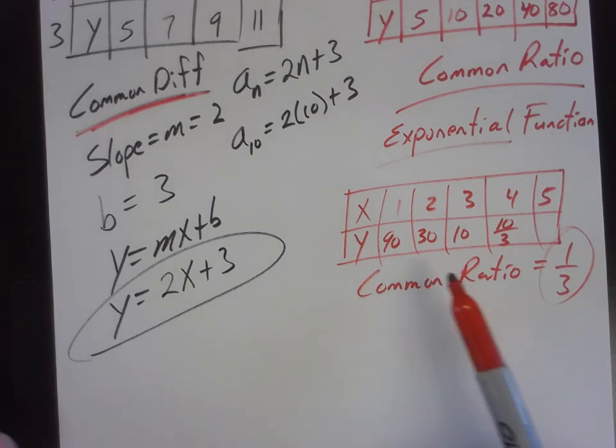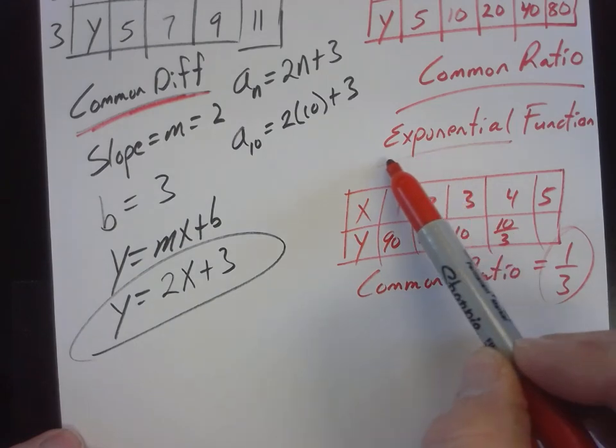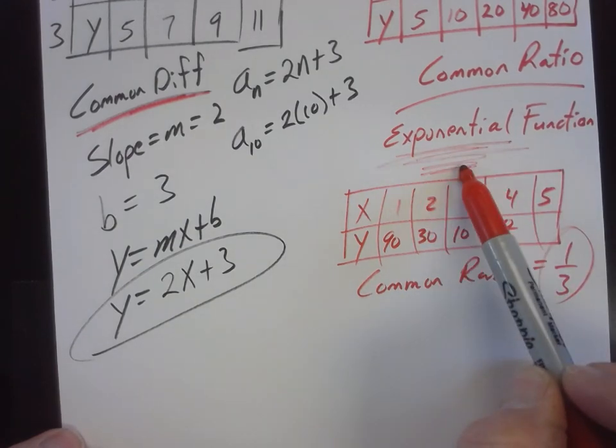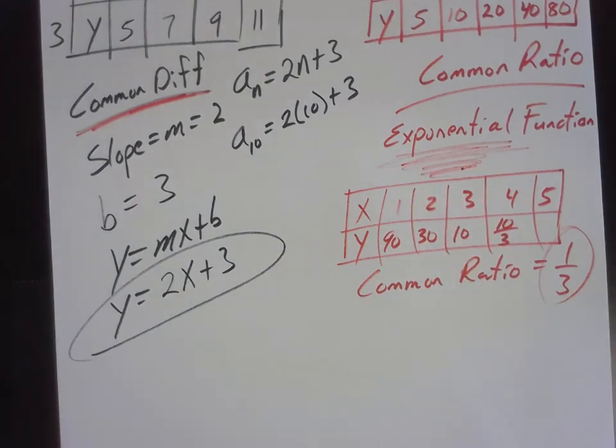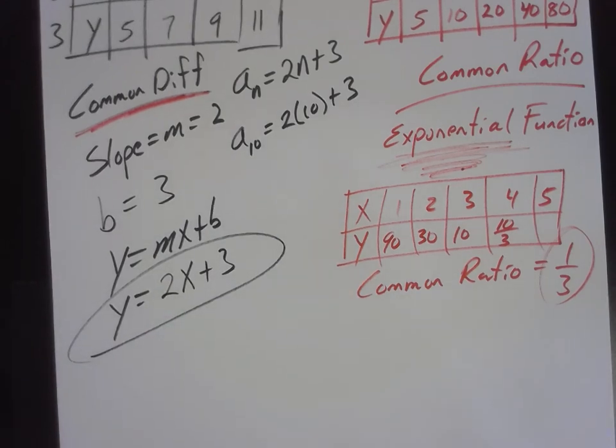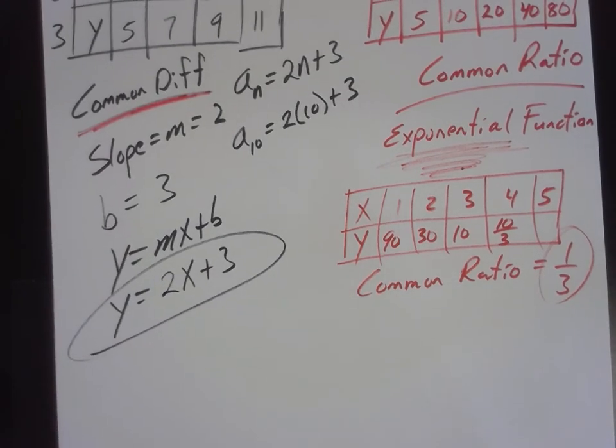Which means it's not a linear equation. What is it? Everybody say it. Exponential function, or an exponential equation. That's right. Okay. So first thing we got to do is recognize a series and what it looks like. Now let me show you what an exponential function looks like.